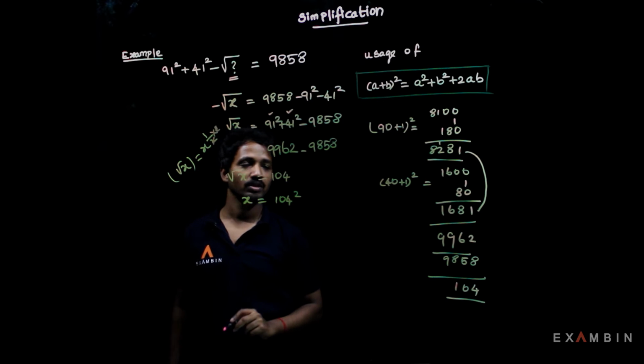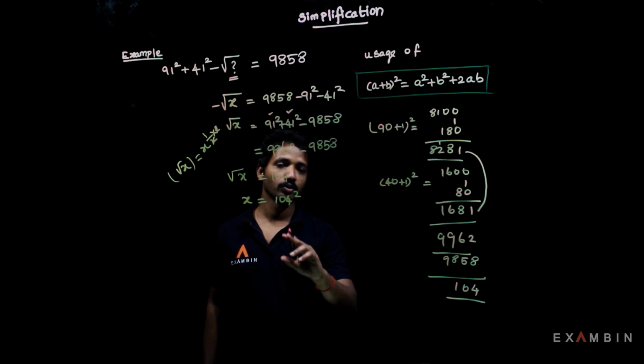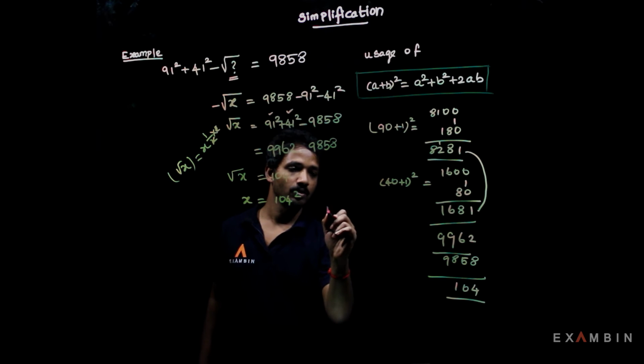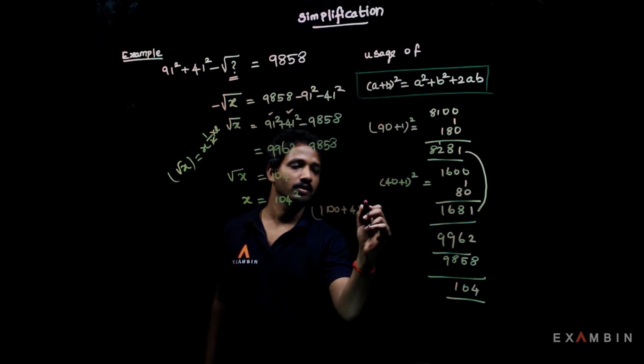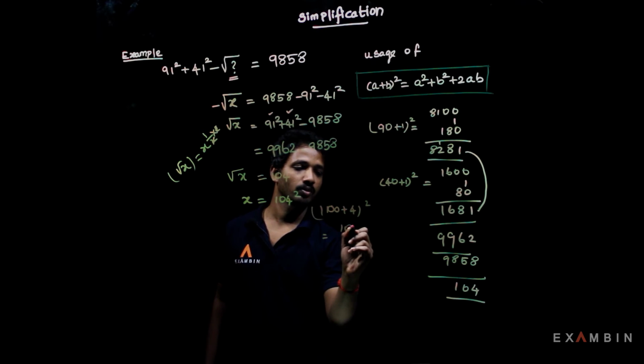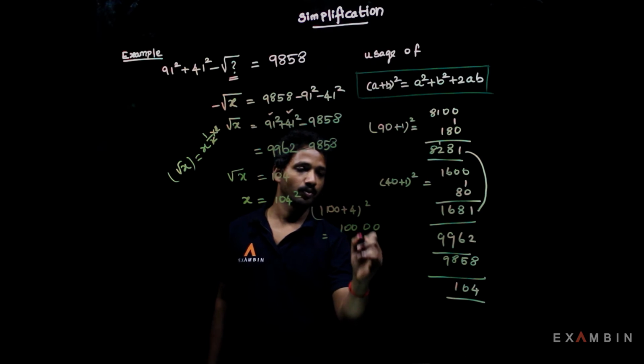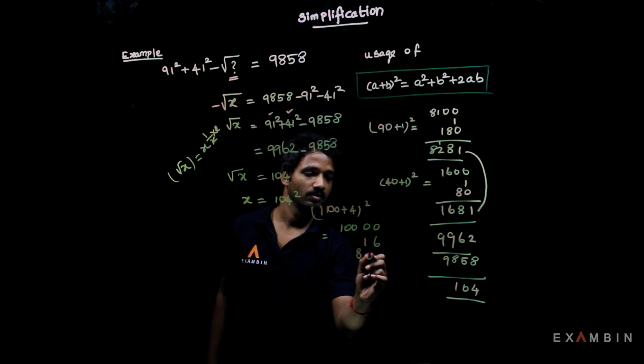So here 104 square. Now we are again going to calculate this value of 104 squared using the same formula. 104 we can write as 100 plus 4 the whole square, which is equal to 100 squared, 4 squared, 2 into 100 into 4, that's 800.